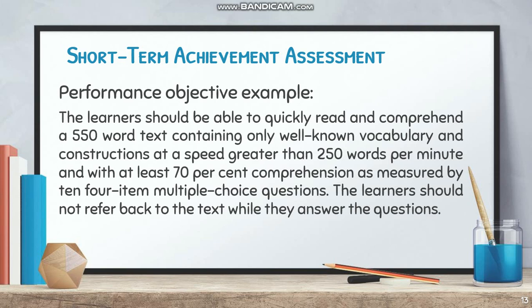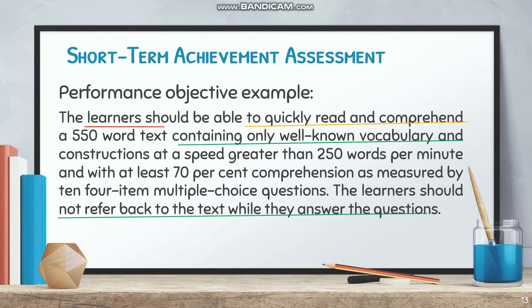So as you can see here, the learner is the subject. And what is the performance? The performance is indicated by the yellow underline: to quickly read and comprehend a 550-word text. And what are the conditions? In this case, there are 2 conditions: containing only well-known vocabulary, and in the last paragraph it also states the condition not to refer back to the text.